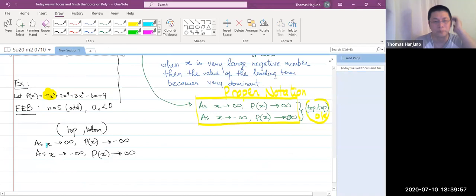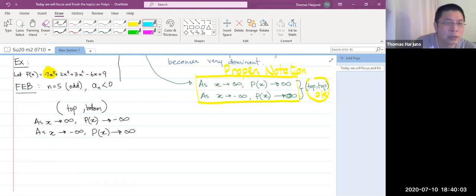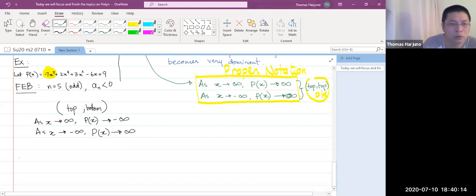That's for the far end's behavior. Next, how do you use this? This actually helps us later on, especially when we do the graphing. So that's a little aspect of the graph that we need to pay attention to later on, but it's way too easy.